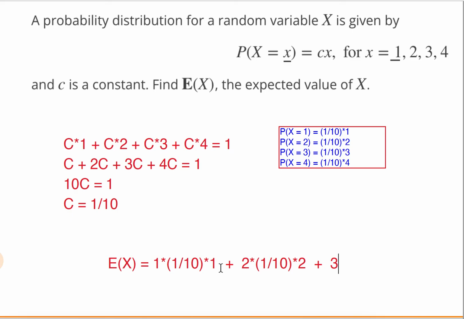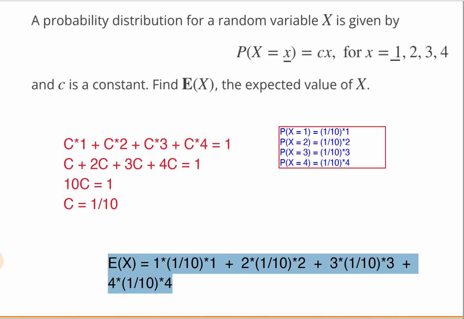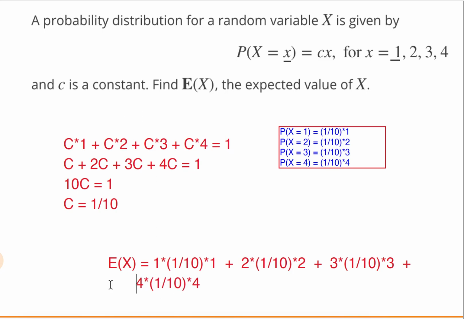And then the next value is a 3, and we multiply that by the probability of getting a 3. And then 4, and then the probability of getting a 4. There we go.